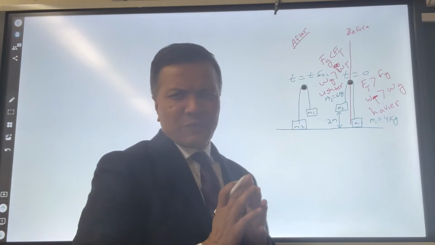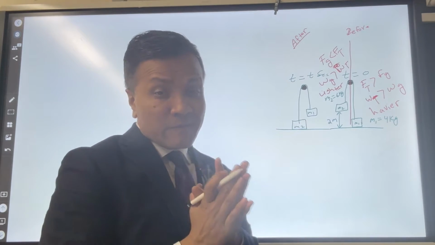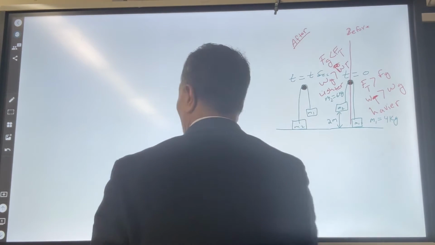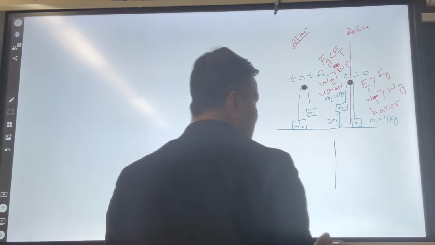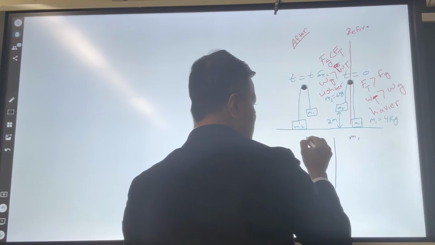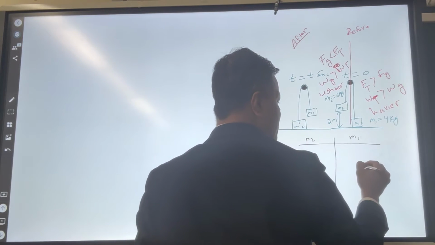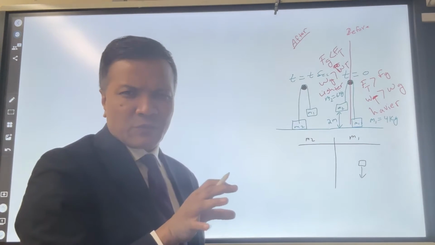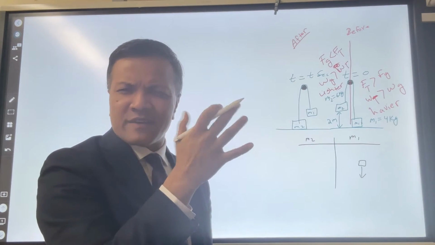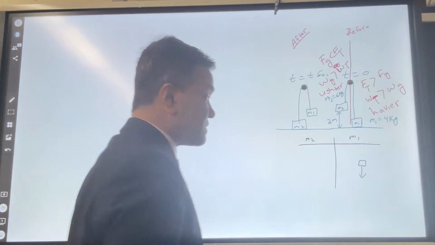Okay, so the first thing we're going to find is acceleration. To find the acceleration, what we're going to do is write mass 1 and mass 2. Mass 1, we know there are two forces acting. Both of them are in the y direction. Nothing is in the x direction.